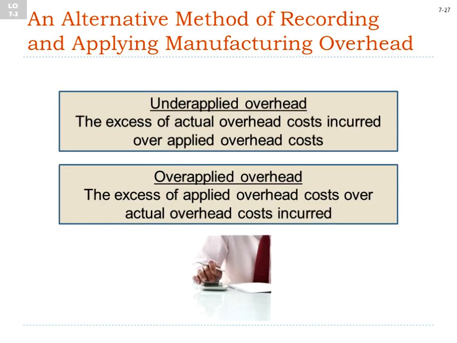Because of the estimates, as we've discussed, the estimates are never going to be 100% accurate, and so you can either have under-applied overhead or over-applied overhead. It's generally not going to be right on the penny.